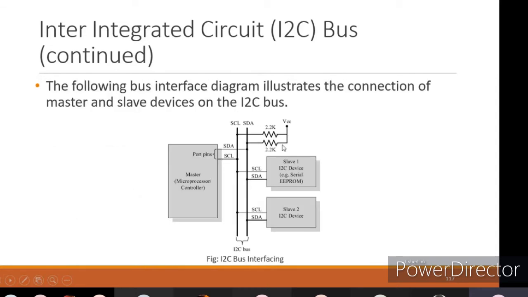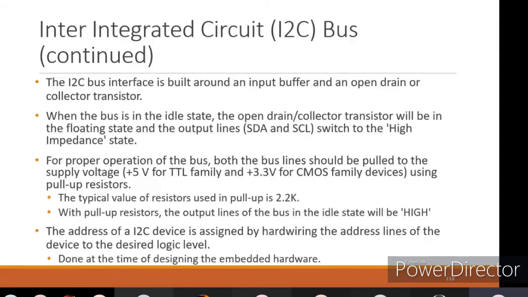Here we have provided 2.2 K ohm pull-up resistors on both the SCL and SDA lines, providing the supply voltage of 5 volts or 3.3 volts depending on the family of devices we are using.